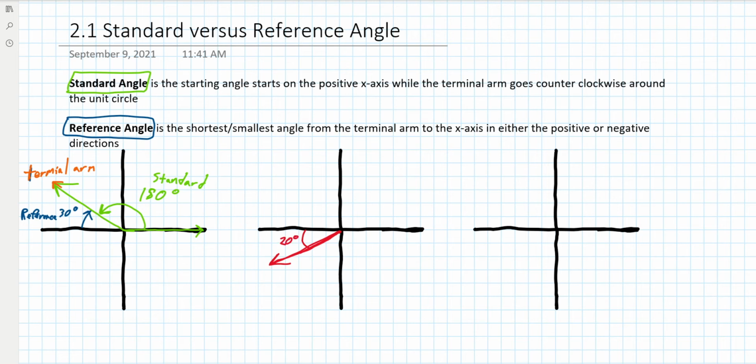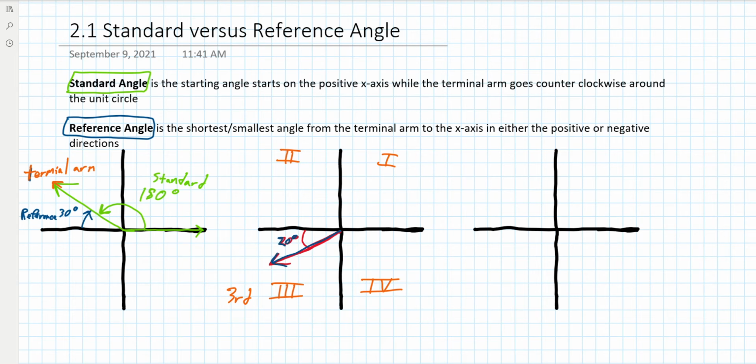20 degrees, and I guess we can give the quadrants here. This is the first quadrant, this is the second quadrant, this is the third quadrant, and this is the fourth quadrant. So this is in the third quadrant, and the reference angle is 20 degrees.